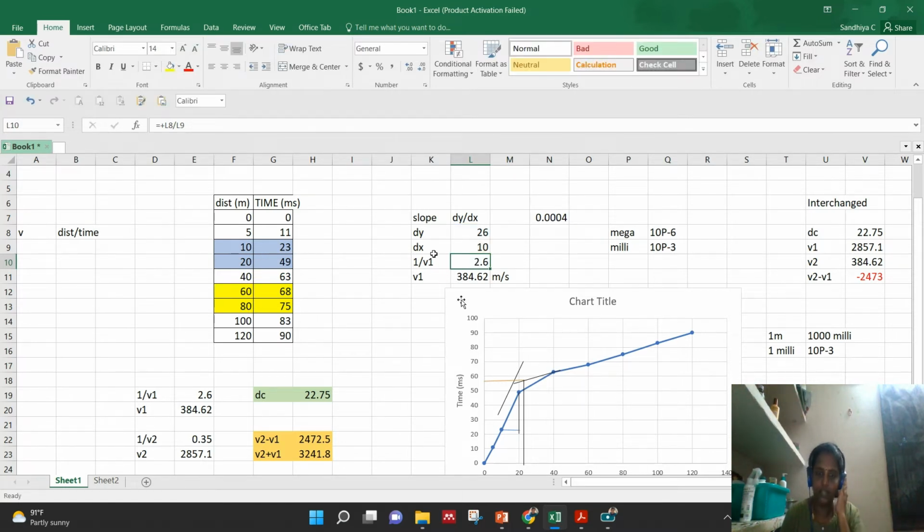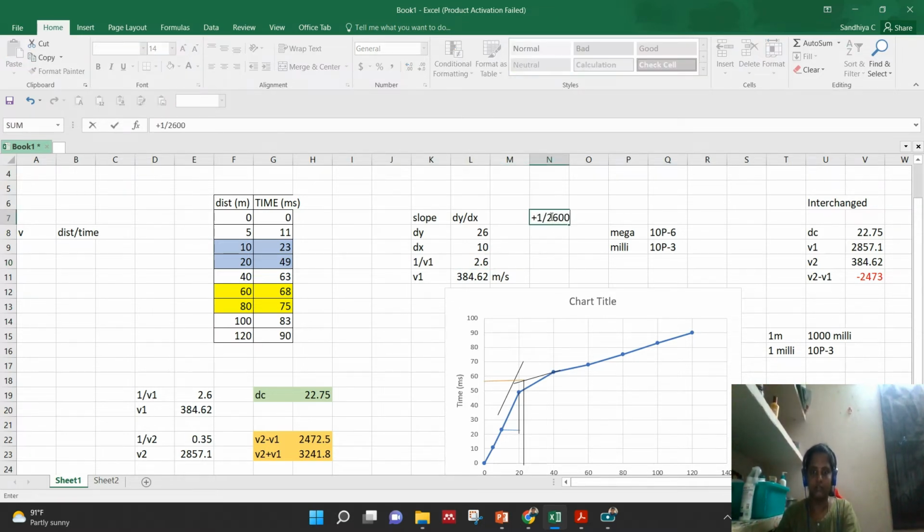Okay, 1 divided by 2600, you are getting. I'm getting 0.0004 only. See, that 384 is the correct answer.